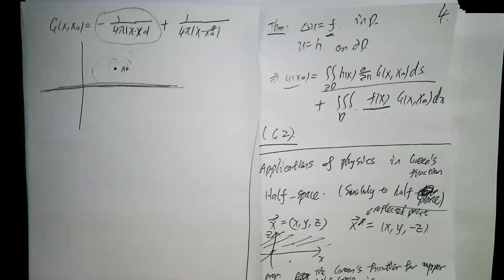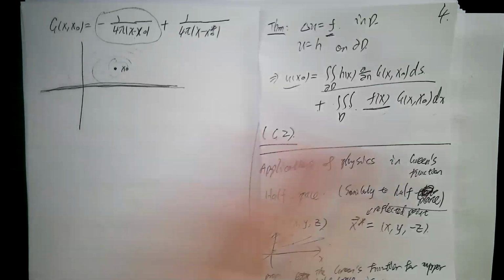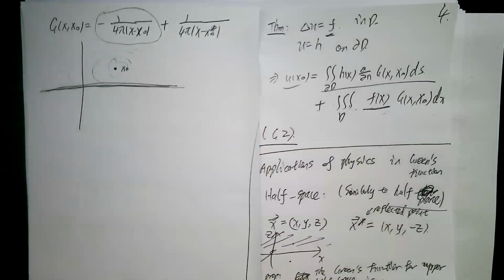For the Green's function we really want some electron with a zero boundary condition. So how can you put some electron so that it makes the xy plane have electric potential 0?